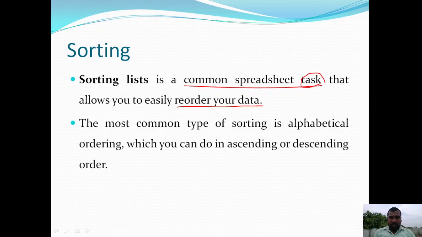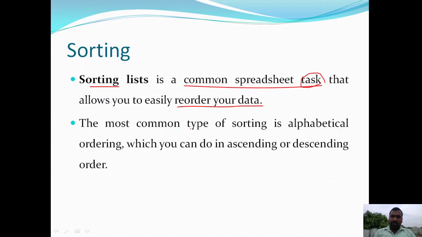If your spreadsheet contains large information and you want to perform an operation, after performing that operation the information is in some order, either ascending or descending, increasing or decreasing. That can be done with the help of sorting.